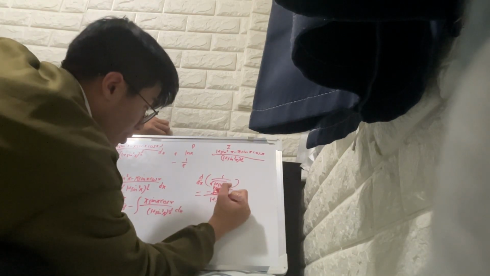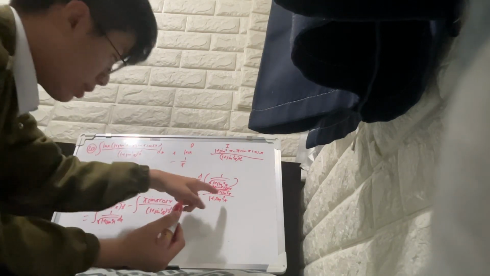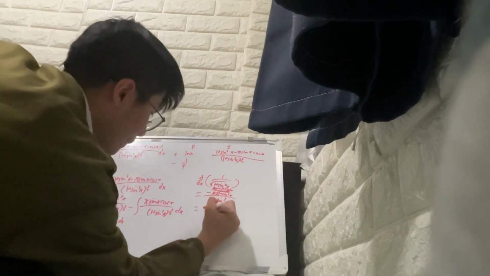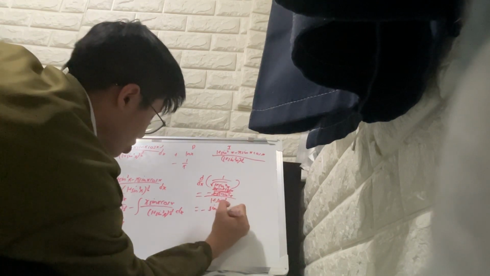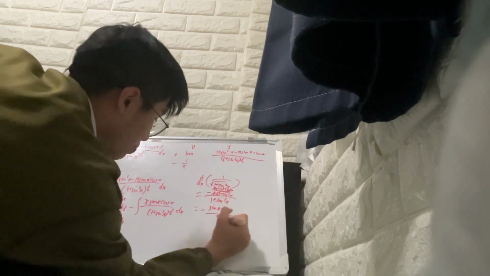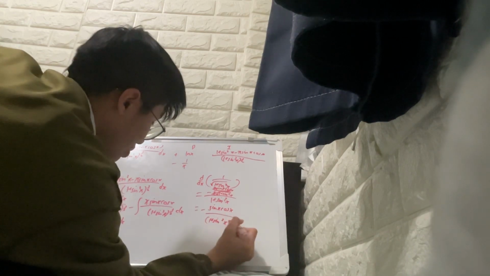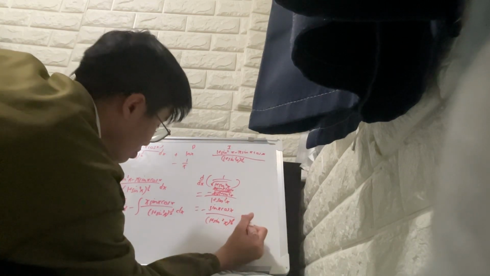You see what happened? The 2 and 2 are cancelled, and the 1/2 power becomes negative sin x cos x over (1 plus sin squared x) to the power of 3 over 2 dx.